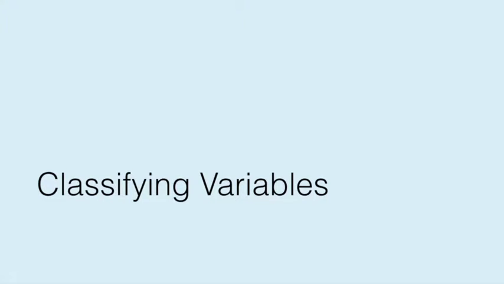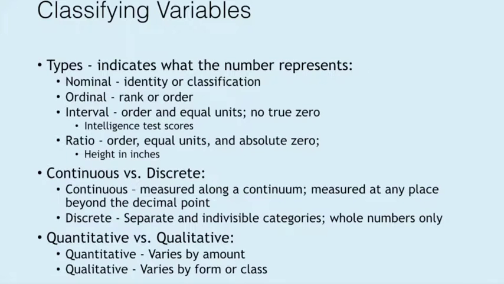Now let's talk about how we can classify variables. There's a number of different ways to classify variables. First, we can look at them by types, which indicates what the number in the data set represents.